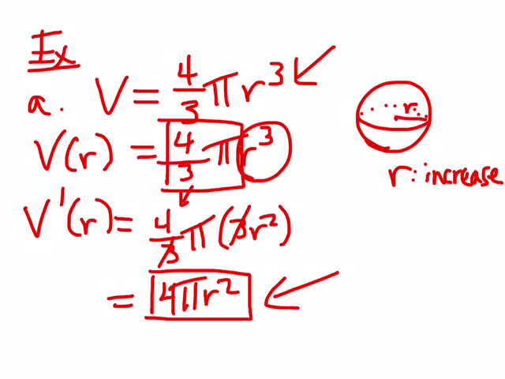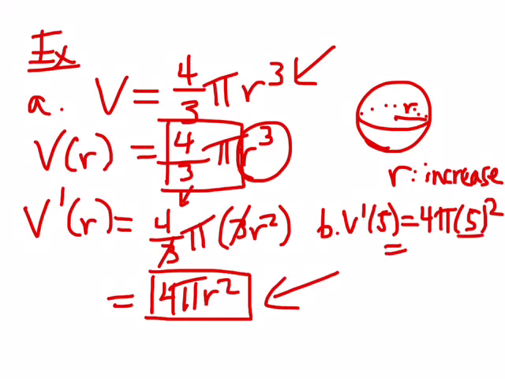So then part B asks us, okay, this is the derivative, the rate of change of the volume at any radius. So part B, just find the rate of change of the volume at certain radii. So part B just says, well, when the radius is 5, what is happening with the volume? So I'm really doing this, V prime of 5. And so I'm just plugging 5 in for r.